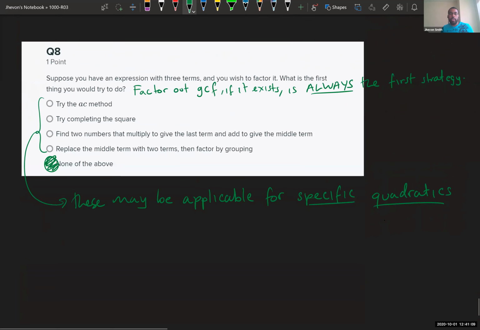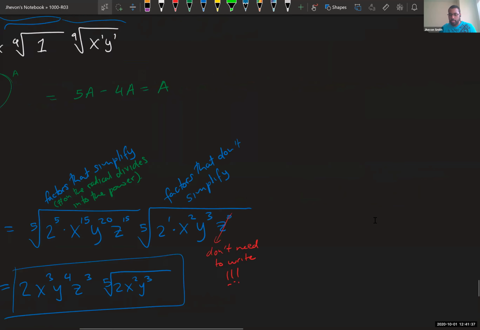If this question were rephrased and I were to ask you, what if I gave you a quadratic where the leading coefficient is 1, how would you go about factoring it? Then option C would be the correct choice, right? If I said, what if I gave a quadratic where the leading coefficient was not 1, then option A would be the right choice. The fact that I just told you 3 terms and no other information means none of these are now the right choice because you don't even know if it's a quadratic in the first place.